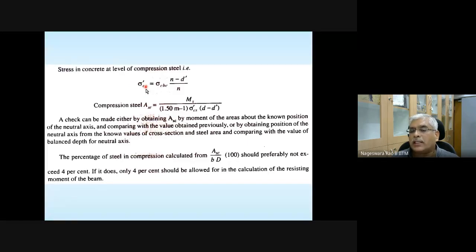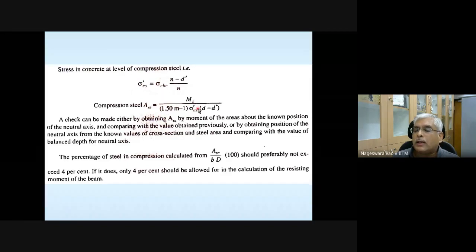And if you want the stress in compression steel, you need to multiply this with 1.5 m, because the code is saying for compression, you increase the modular ratio by multiplying it with 1.5 times. And minus 1 is because some amount of concrete is replaced by the steel. That's why minus 1. So 1.5 m minus 1 times this is going to give you the stress in compression steel.